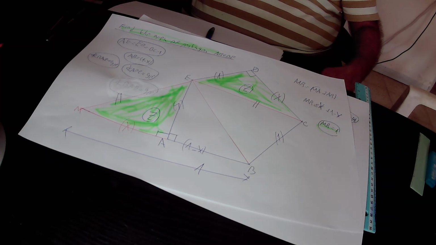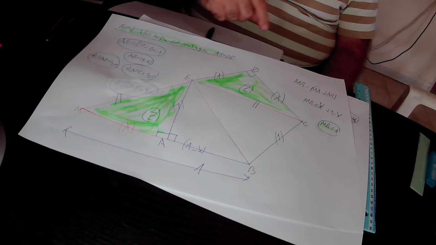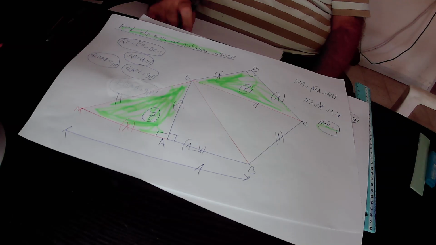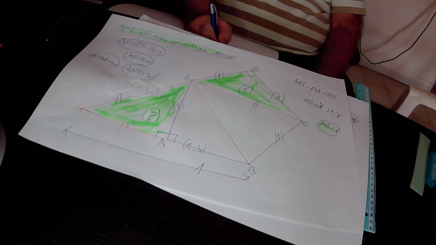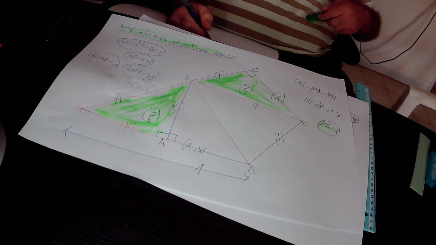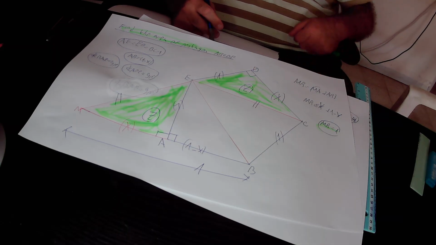Our task is to find out the area of this pentagon ABCDE. So what is the area of pentagon ABCDE? Pentagon ABCDE consists of two shapes.